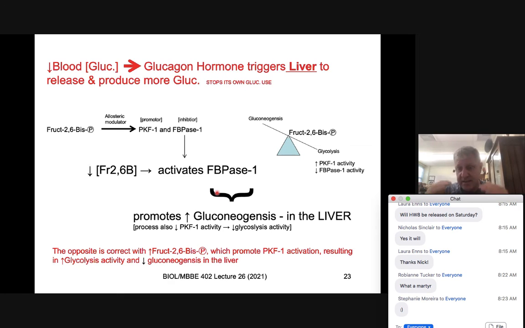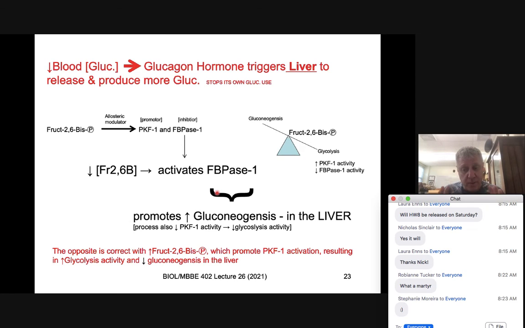So again, this single pathway has this seesaw dependent on the fructose 2,6-bisphosphate, its activation of the phosphofructokinase number 1 and its effect on the fructose bisphosphatase.